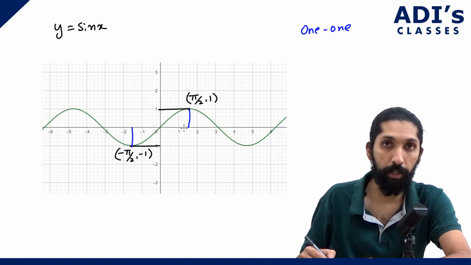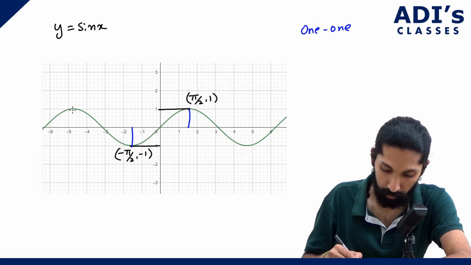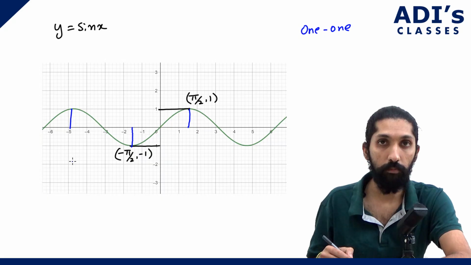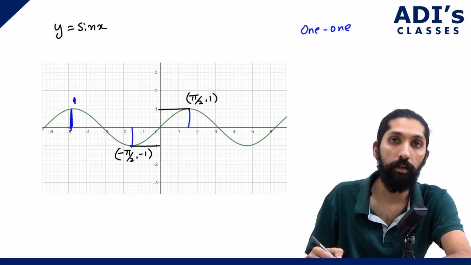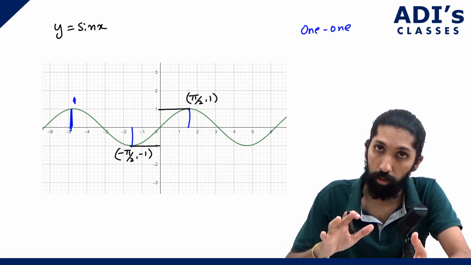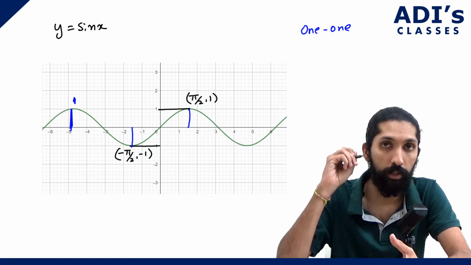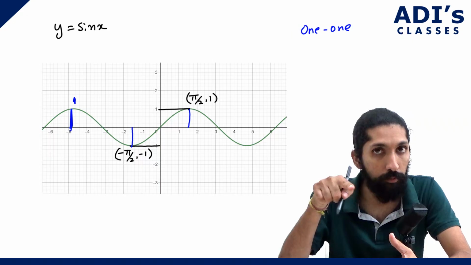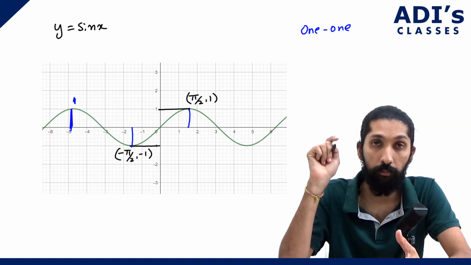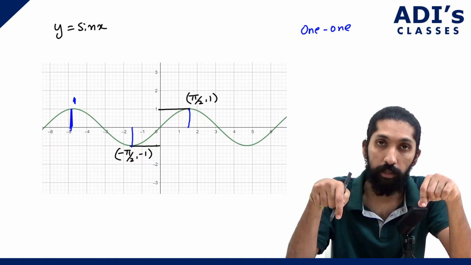Suppose you take pi by 2, the value is 1. If you take another value, again that value is also equal to 1. So how can it be 1 to 1? Not possible, right? To have that 1 to 1 condition, I should also get all the values of the sine function, because sine varies from minus 1 to 1.